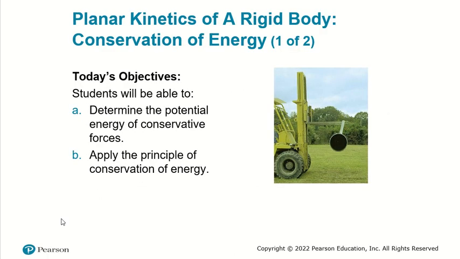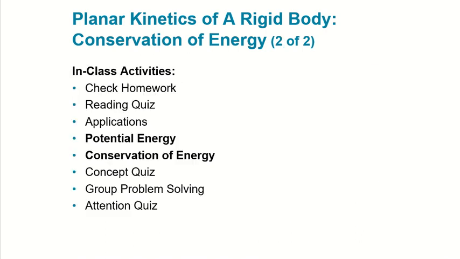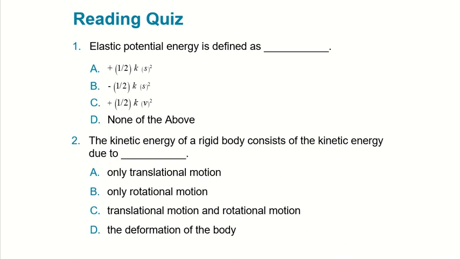Okay, planar kinetics of a rigid body. We will get into conservation of energy. So how we deal with that, let's take a look at it. These are just the objective and planning, and this is just reading your quiz from your textbook reading.